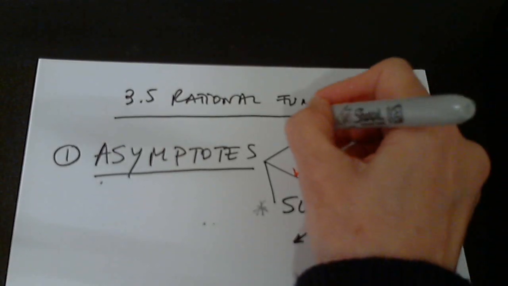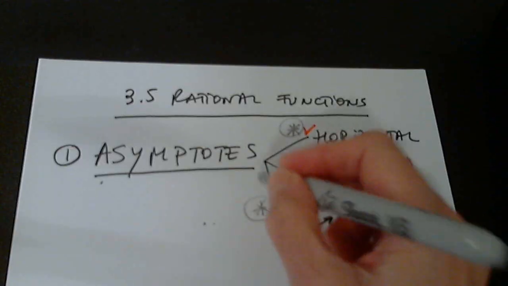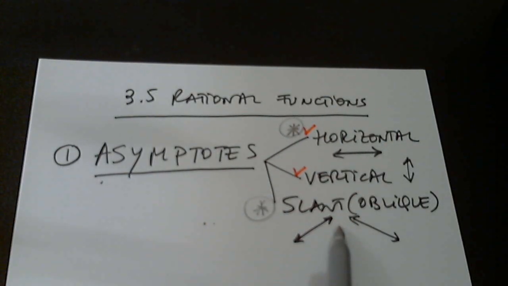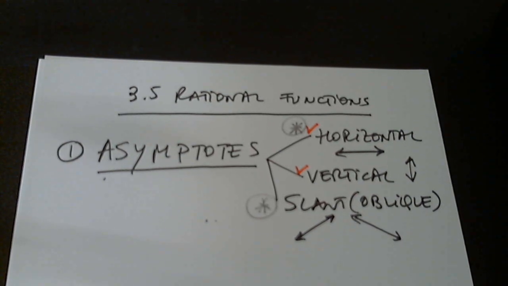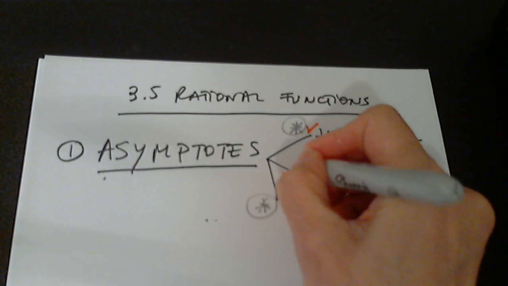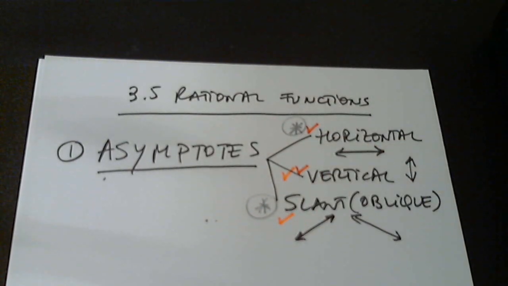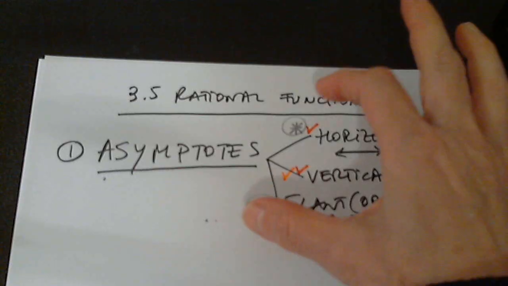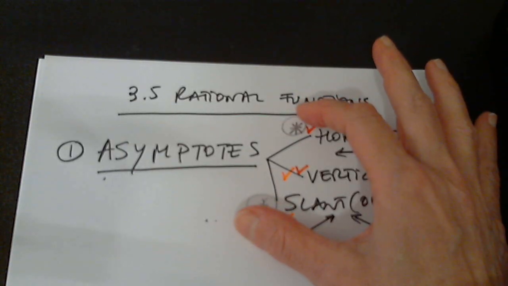Never. That's not possible. A rational function cannot have a horizontal and a slant asymptote. I'm going to put this in writing in a minute. Vertical and slant, yes. So this combination is possible, this combination is possible, this combination is impossible.